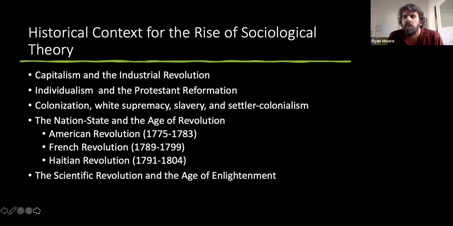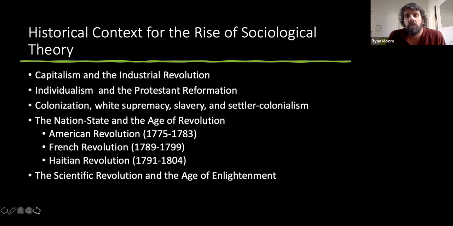So roughly the period from the 1500s or the late 1400s into the 1800s would be very decisive in creating this modern world and in giving rise to sociology and sociological theory.